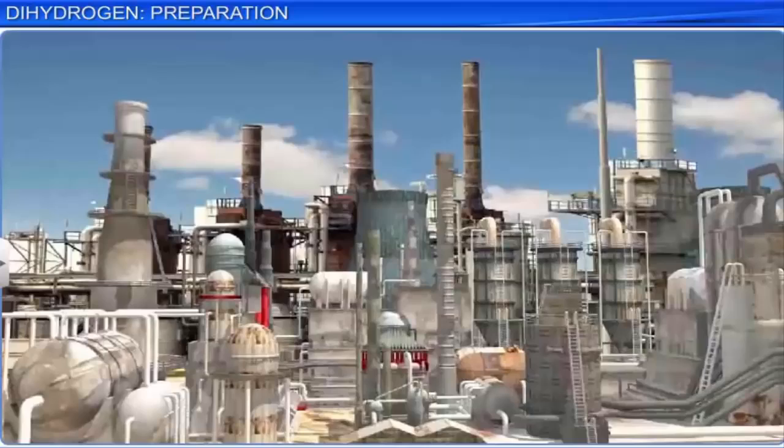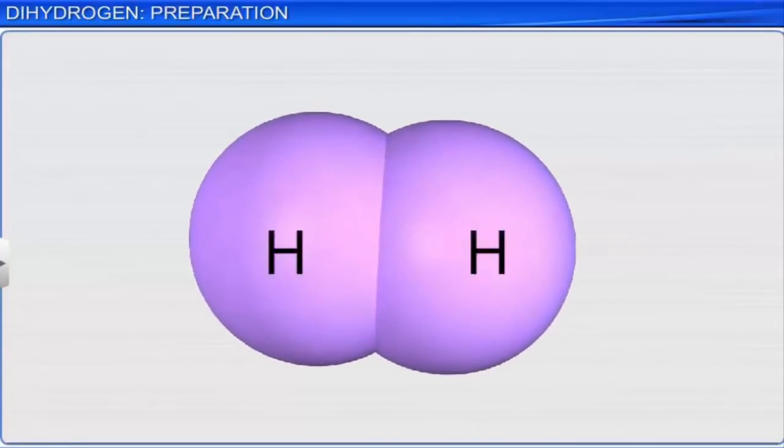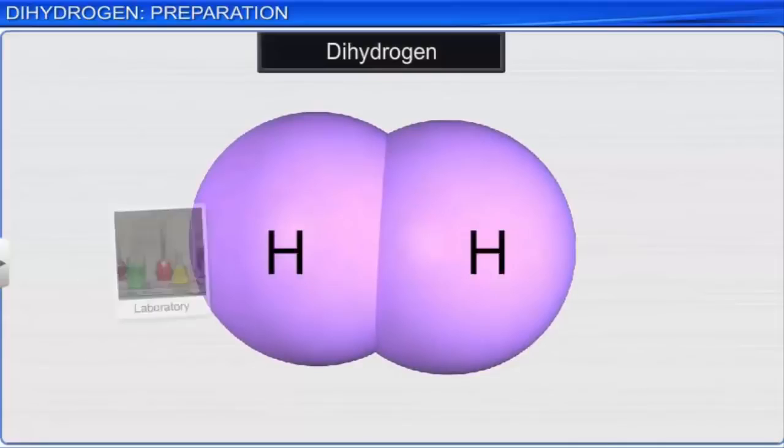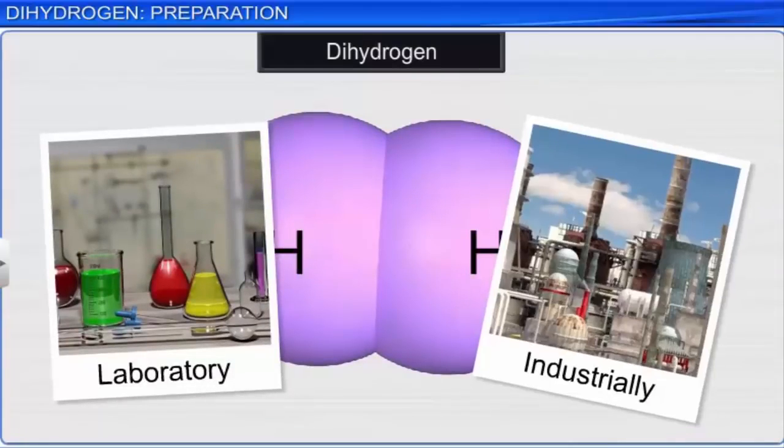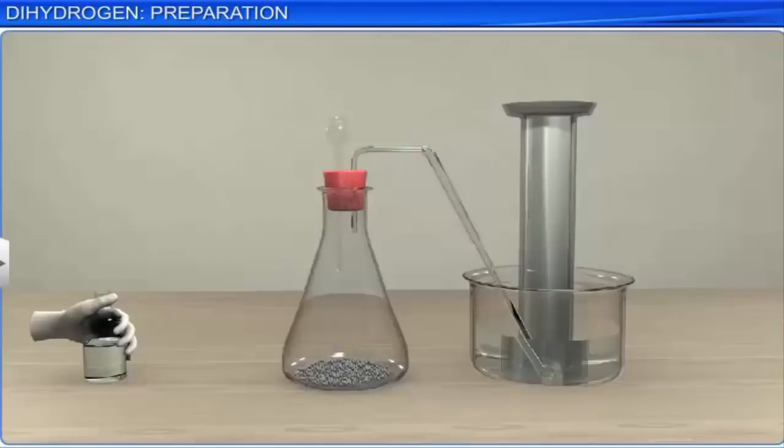Now, let's look at the ways to prepare dihydrogen both in the laboratory and industrially. In the laboratory, the most common way of preparing hydrogen is by the reaction of granulated zinc with dilute hydrochloric acid. The setup consists of granulated zinc in a conical flask fitted with a thistle funnel.